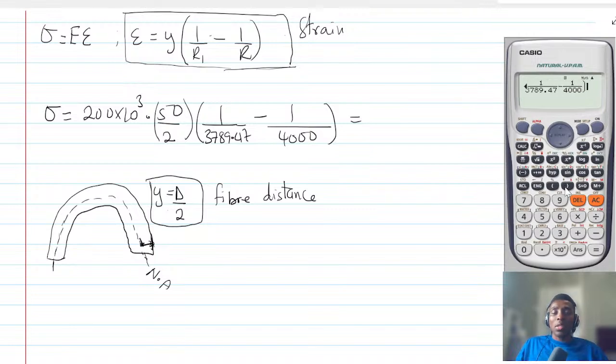Then you close this. So you end up getting 69.45. And basically that's the bending stress: 69.45 Newton per millimeter square, or megapascal.